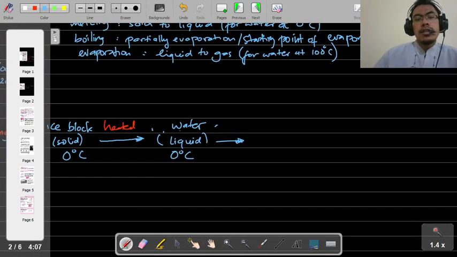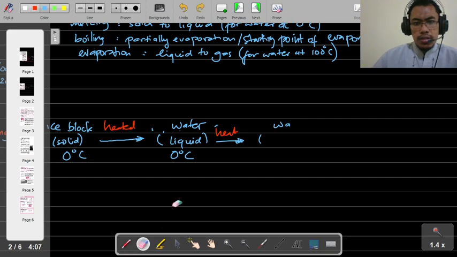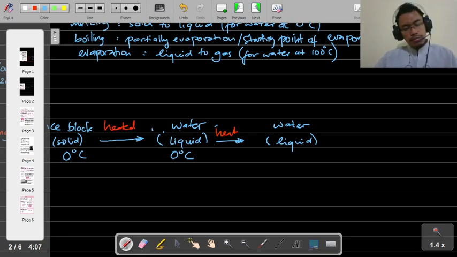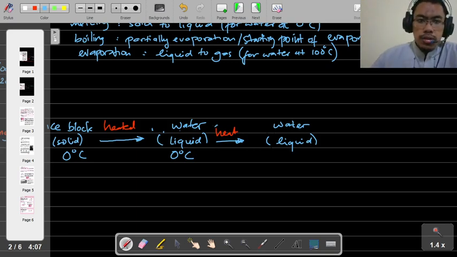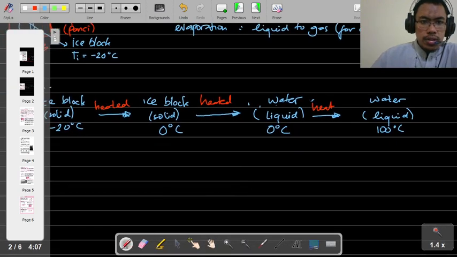Okay, and then we put heat again, and the phase is still liquid, and then we heat the water to 100 degrees Celsius. So the 0 degrees Celsius is the melting point.